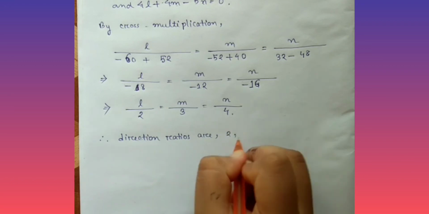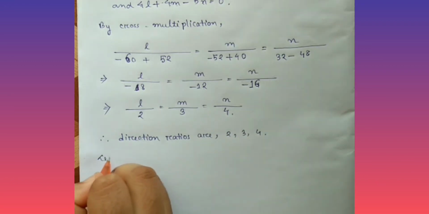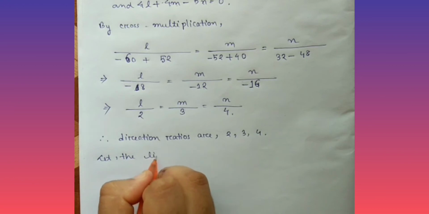By cross multiplication, we get the direction ratios, and that is 2, 3 and 4.